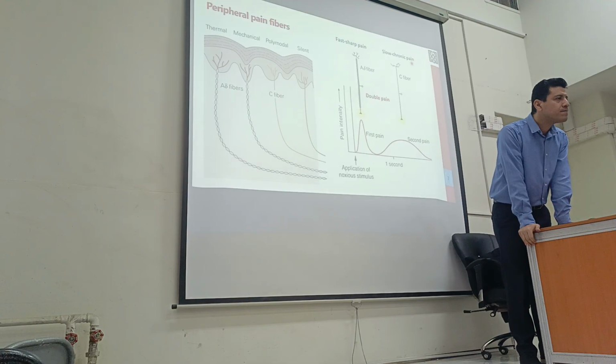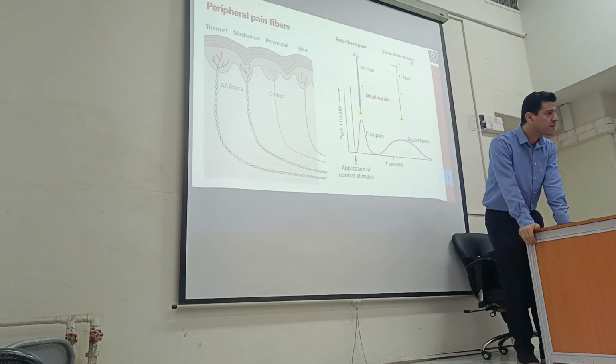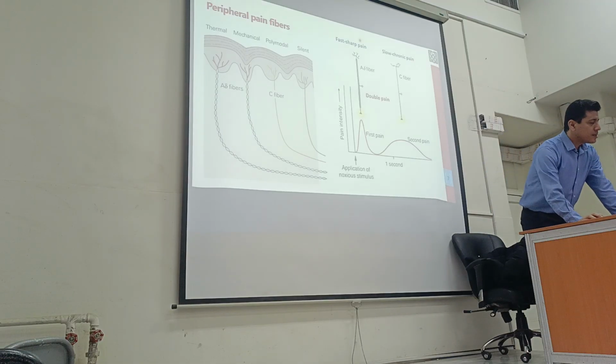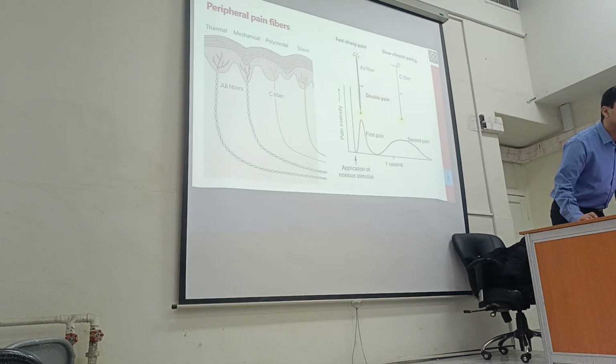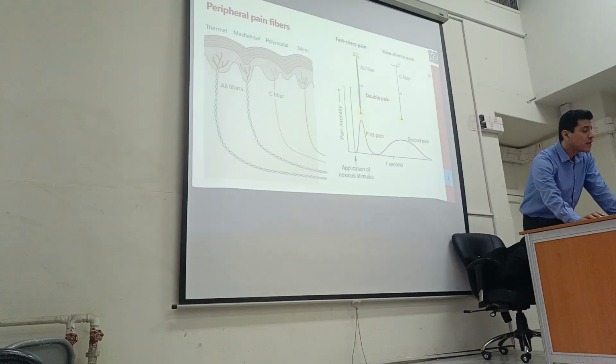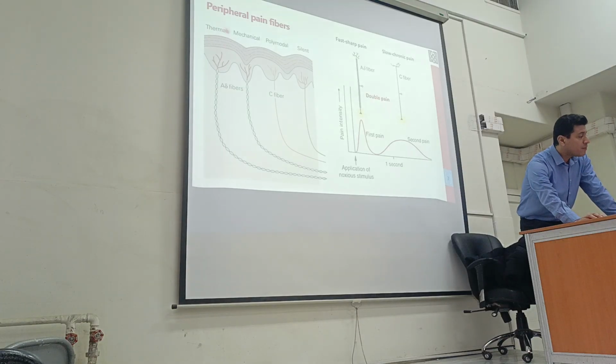Okay. So remember that we have two types of pains, right? Slow pain and fast pain, right? Here we have fast sharp pain or slow chronic pain. And we have four different types of nociceptors, right? So thermal and mechanical nociceptors have A delta fibers, but polymodal and silent nociceptors have C fibers.